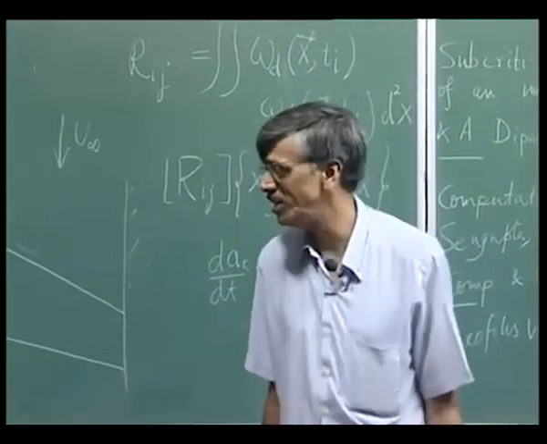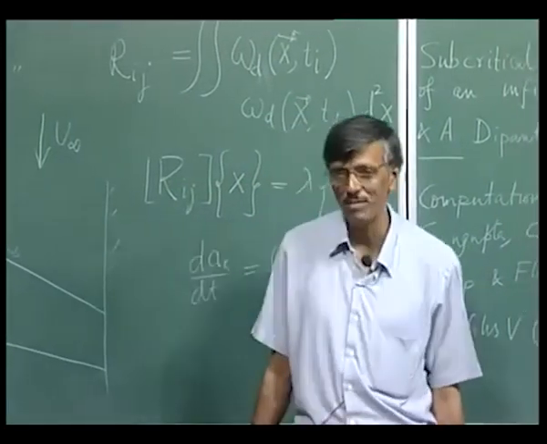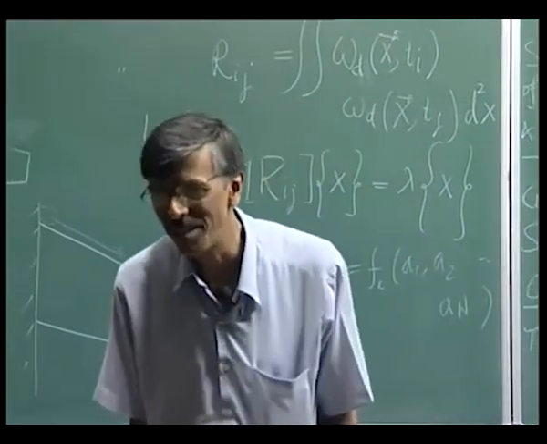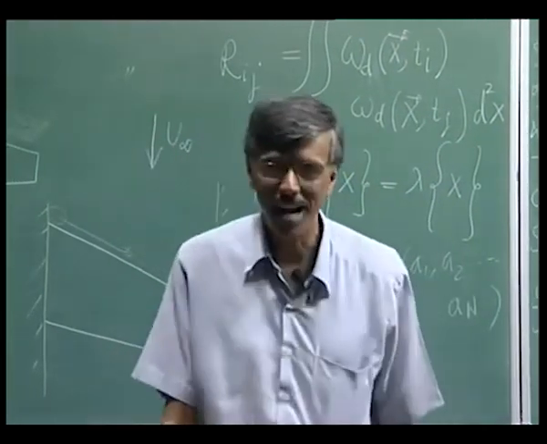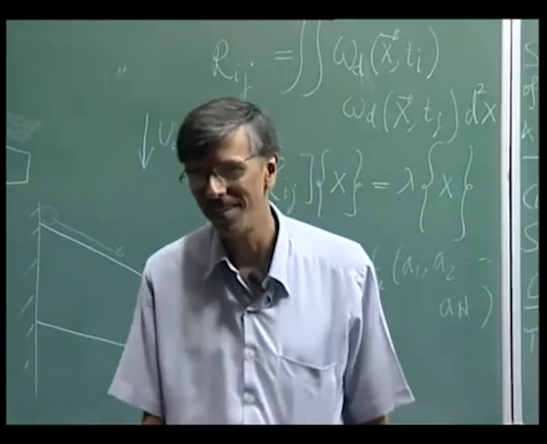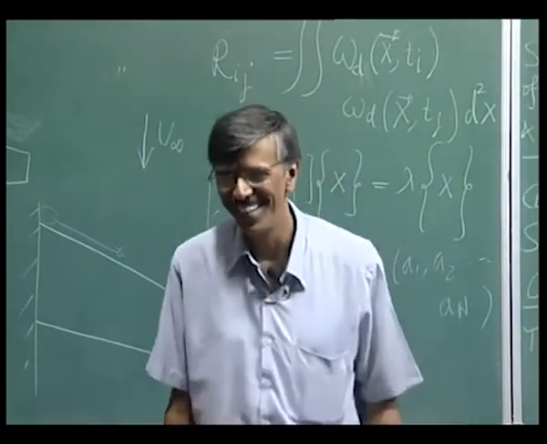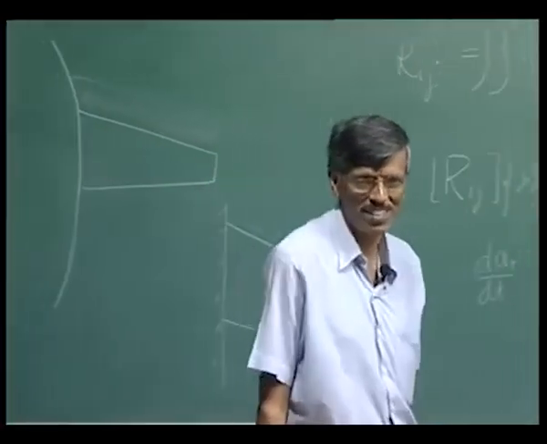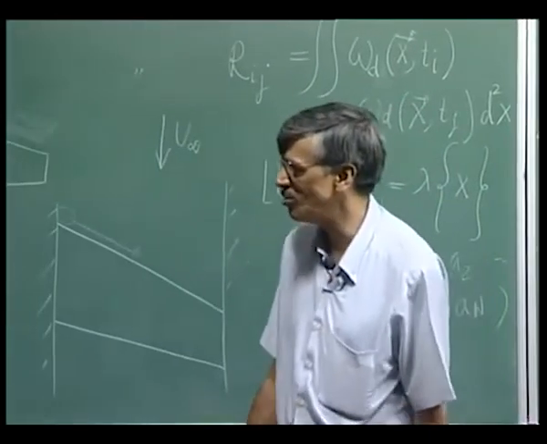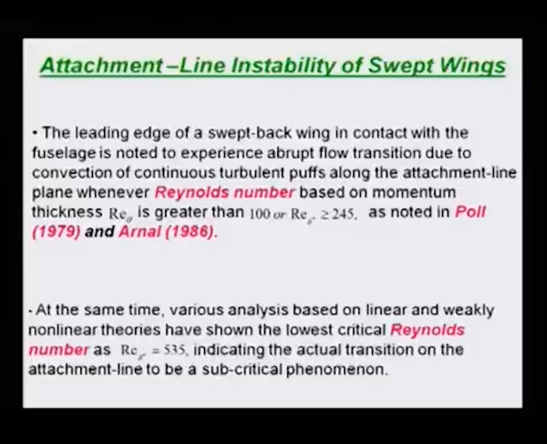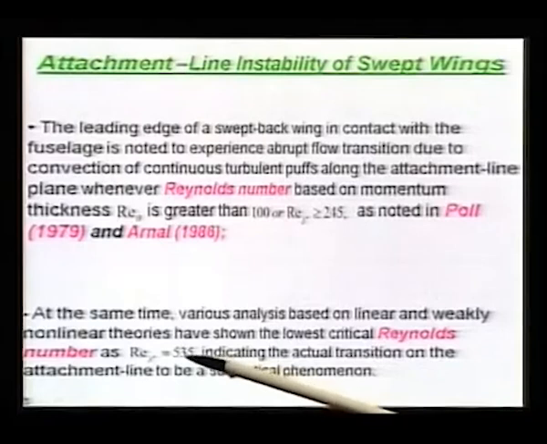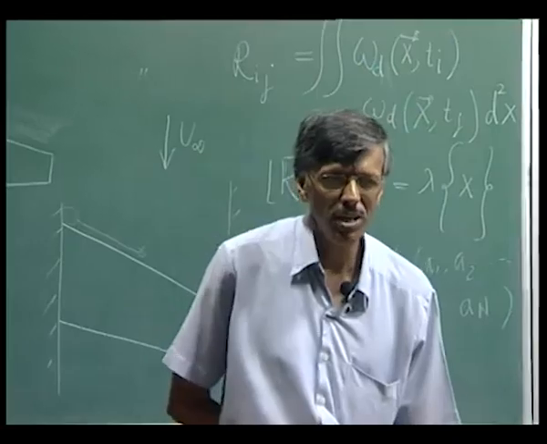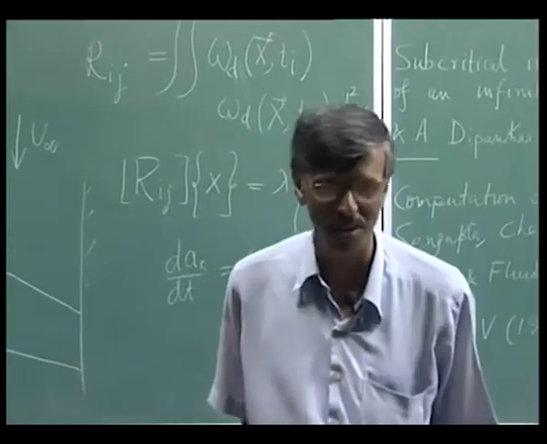How do you study the stability of the flow? In this case also, once again, Prandtl comes to our rescue. Way back in 1946, he established, we will see it shortly, that the flow in the attachment line plane is essentially two-dimensional. So, here on the attachment line plane, the mean flow, the equilibrium flow is two-dimensional, and if you try to study its instability, then the corresponding critical Reynolds number comes out as 535 if so-called weakly nonlinear theories are invoked.